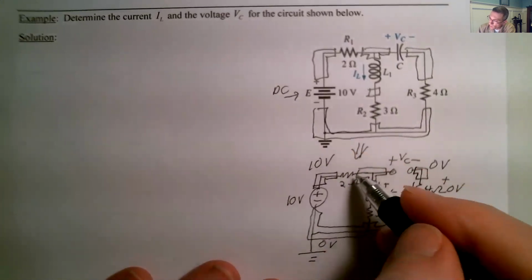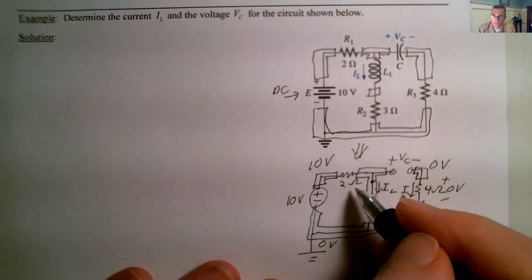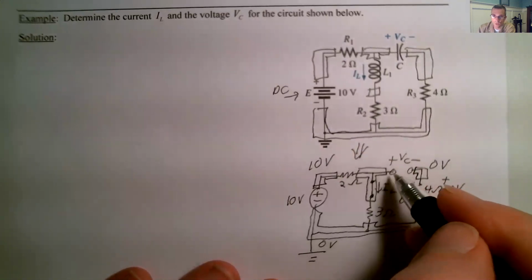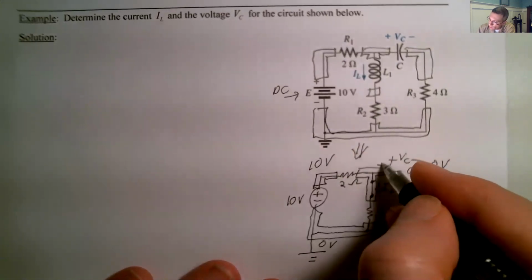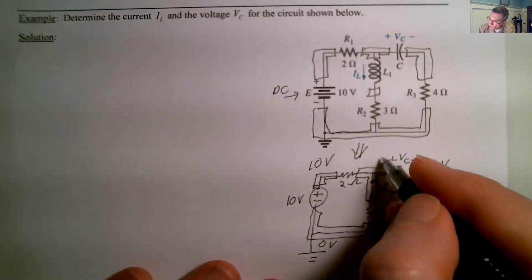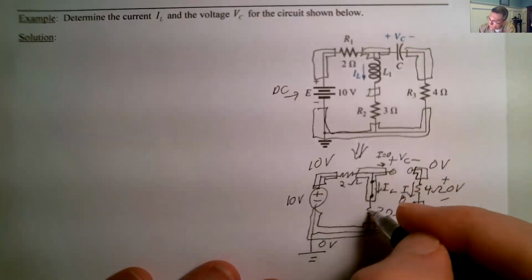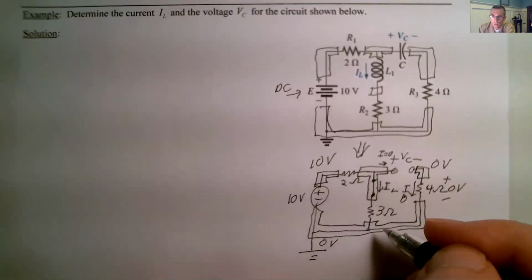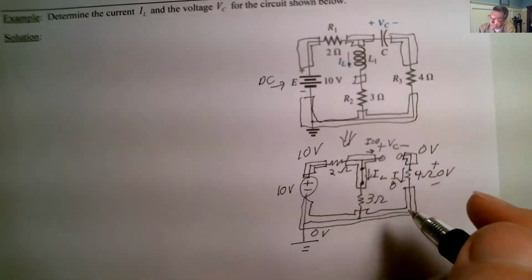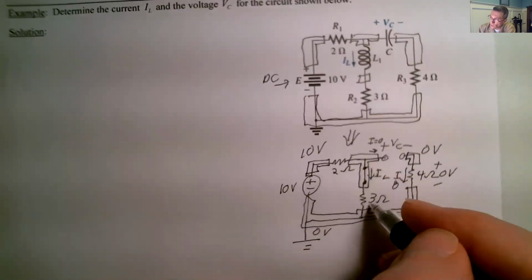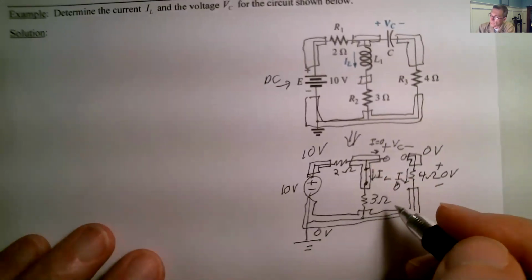Now we look at the rest of the circuit. Here's a 2 ohm resistor, and it comes into this node with no current. The current there is 0, I equals 0, so there's no current going that way. All the current has to go this way, which means that these two are in series. So you've got a 2 ohm and a 3 ohm, and they add together.